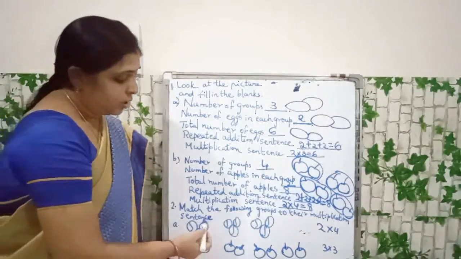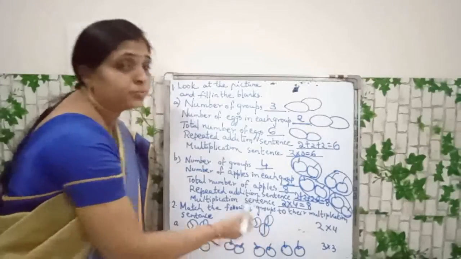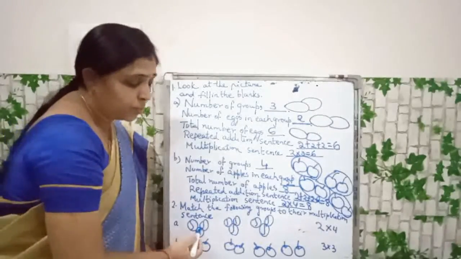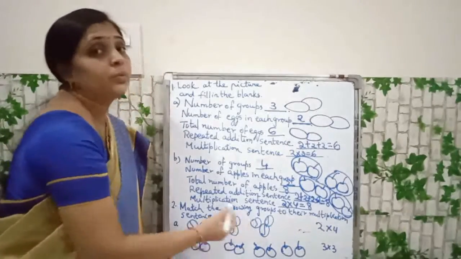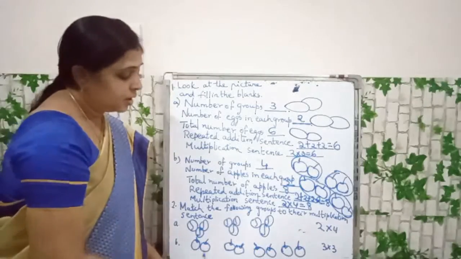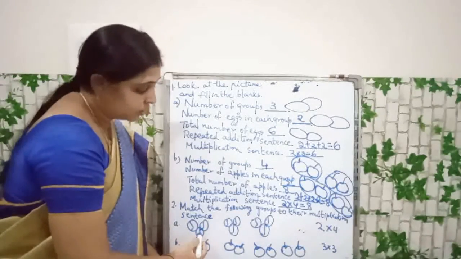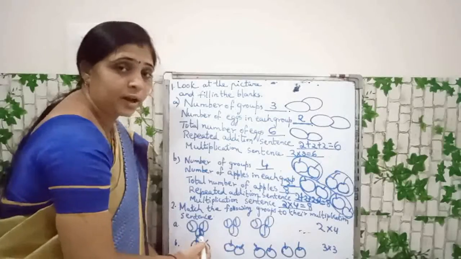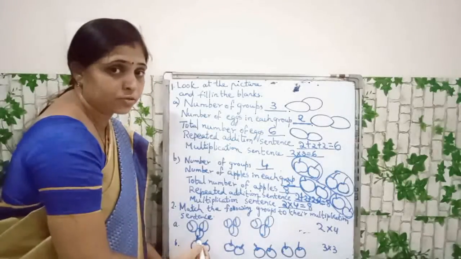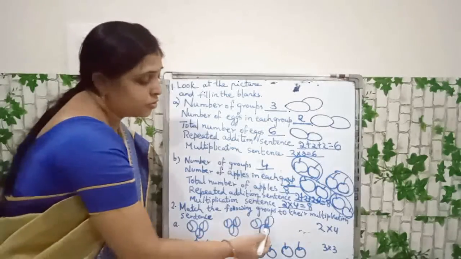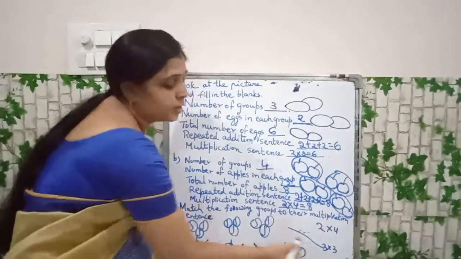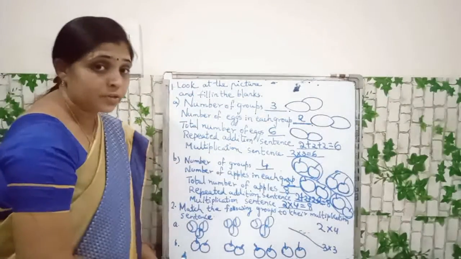So, here 3 are in each group. 3 balls are there in each group. Yes? 3 into 3. 3 groups are there and 3 balls in each group. So, 3 into 3. So, where will you match this? 3 into 3. Yes or no?